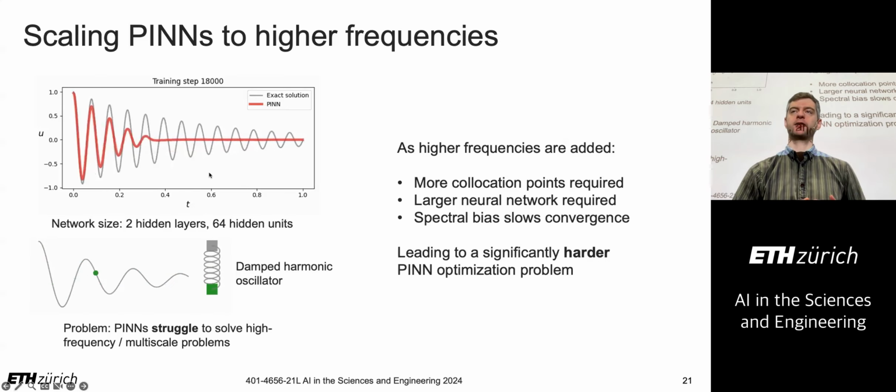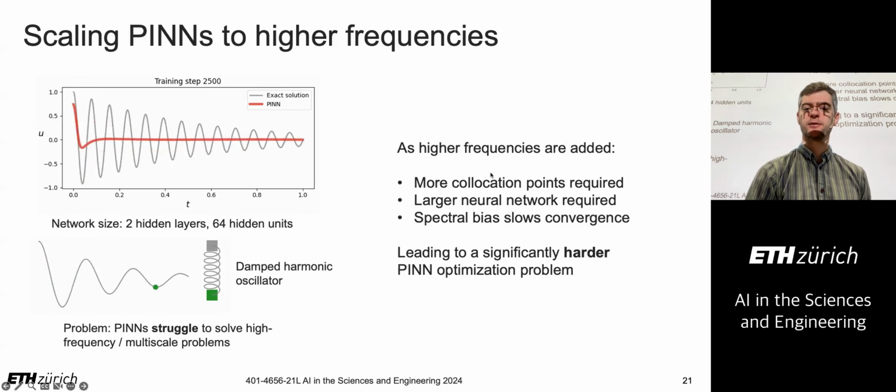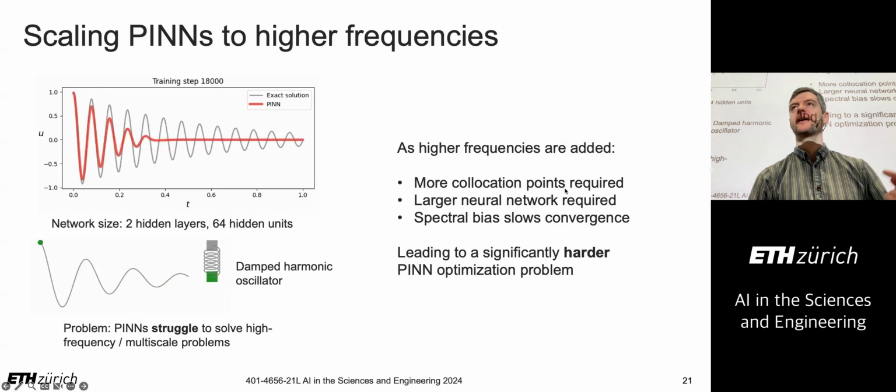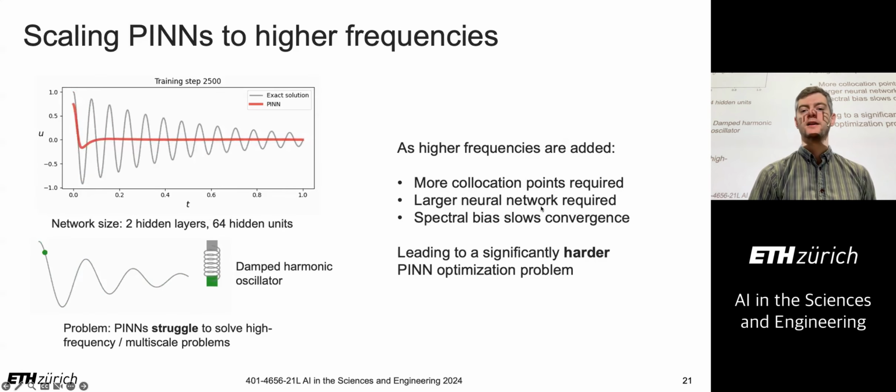There are also some other factors that are making this harder to converge as well. Or just the fact that it's a bigger optimization problem. You know, I need more collocation points to learn higher frequencies, so that I'm sampling enough points to sample the frequency well. I need a larger neural network. I need more parameters, as I just showed you in that previous slide, and we have spectral bias.